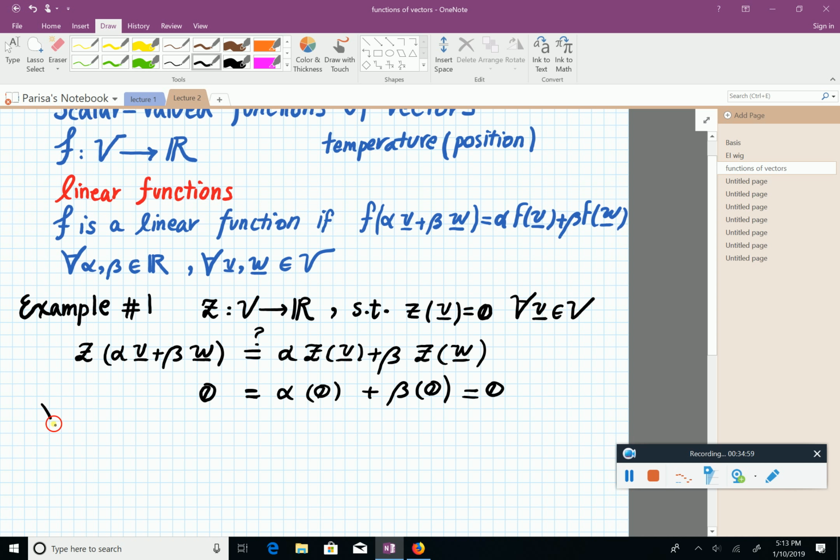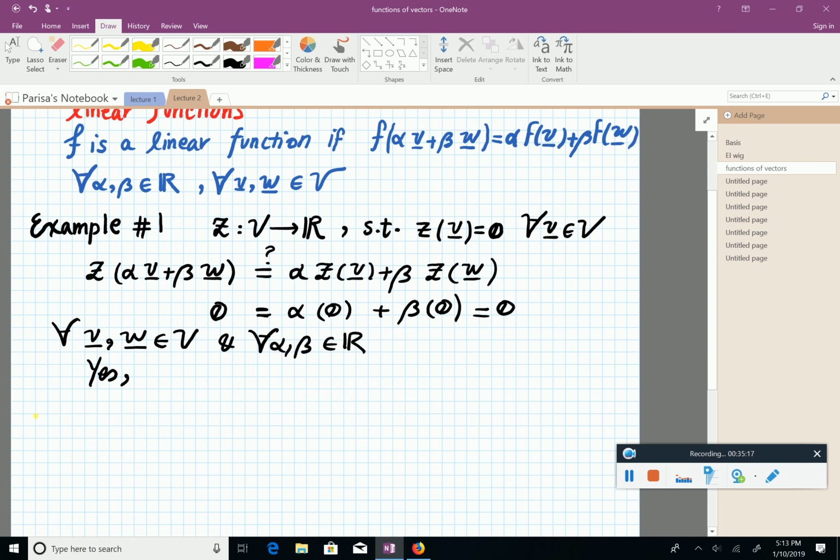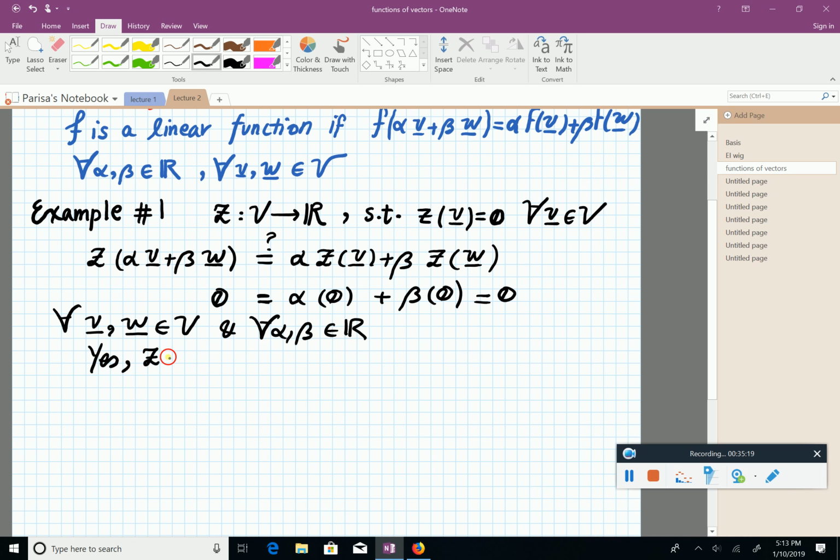What is important is that this has to hold for every vector in the vector space and for every scalar alpha and beta. So we say yes, z is a linear function.